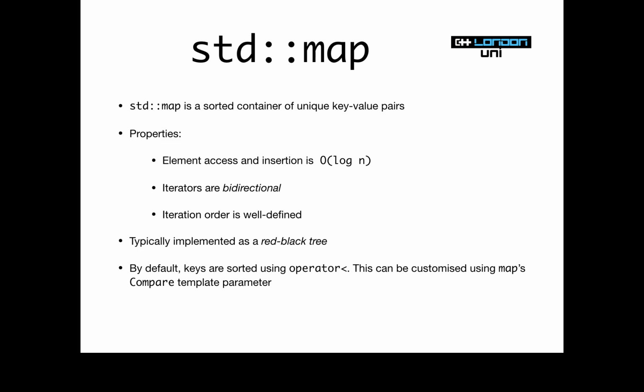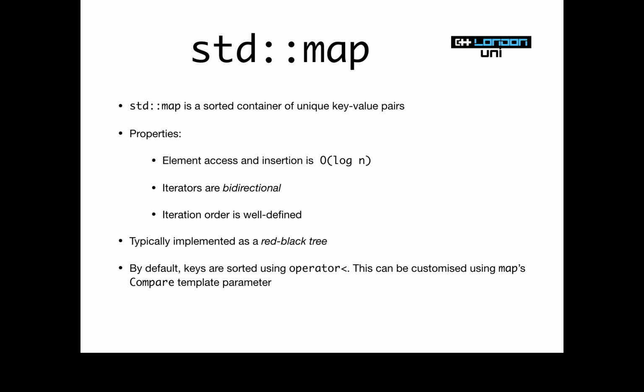For ints and for floats, this ordering is built in. There's a built-in ordering for floats, which is a little bit weird, but works mostly the way you think. And for strings, the standard string implements this operator to say this string is less than another string. So we can have keys that are strings.